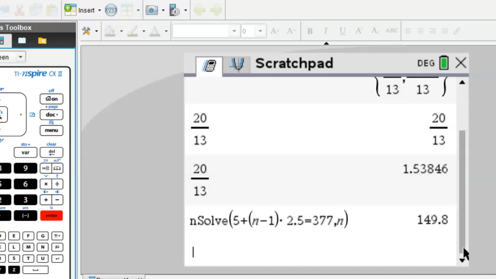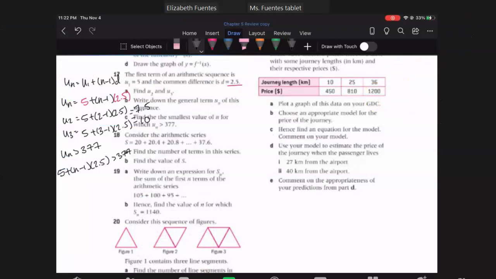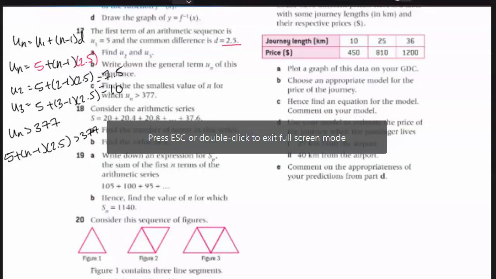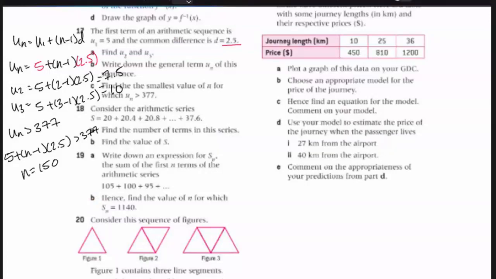So it has to be the 150th term. So be very, very careful with that one. So n equals 150, because it has to be a whole number. It has to be, because it's like first place, second place. You don't have 2.5th place. It has to be positive integers, so round.